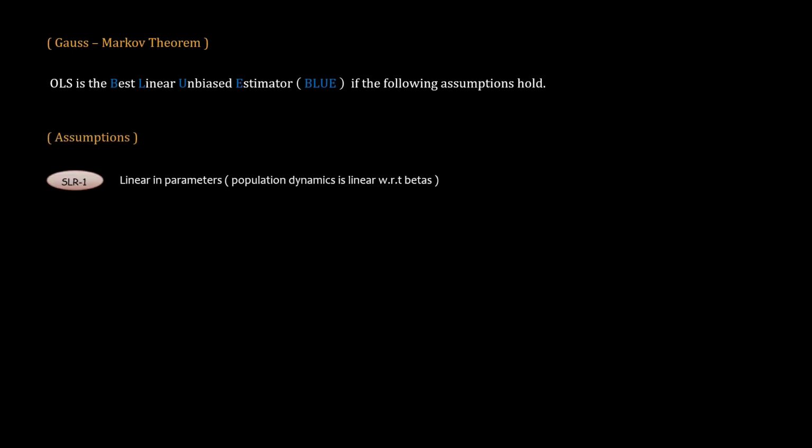First assumption is that the model must be linear with respect to parameters. It means that the variable x can take other forms, and that is not a problem as long as we can transform and replace those variables to retain linearity.